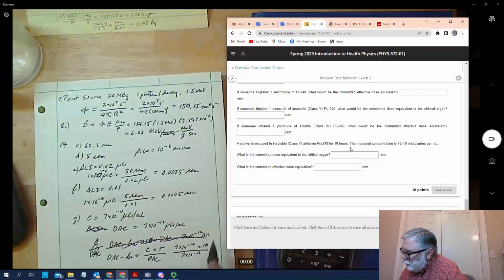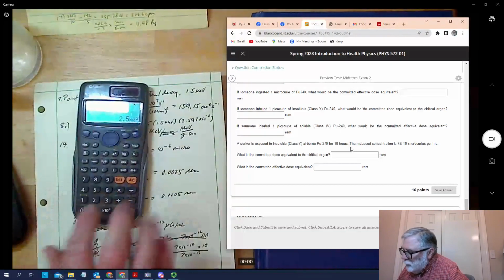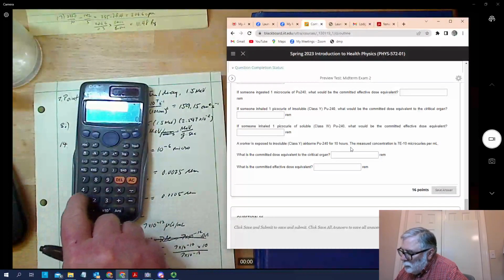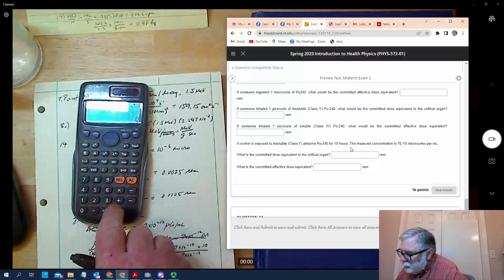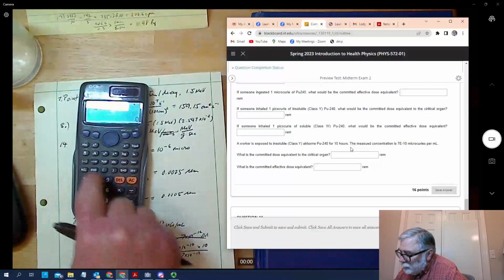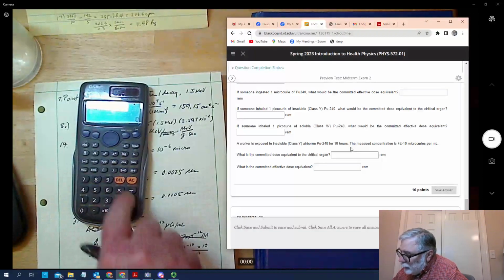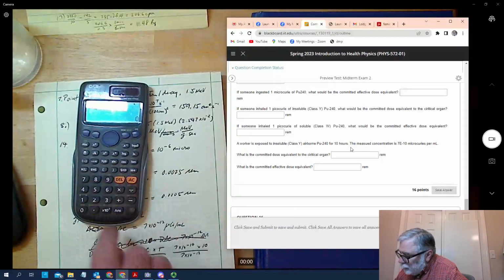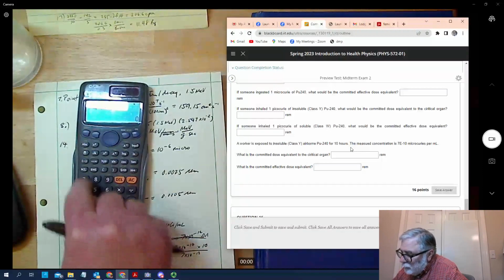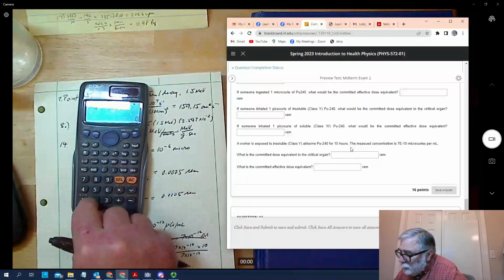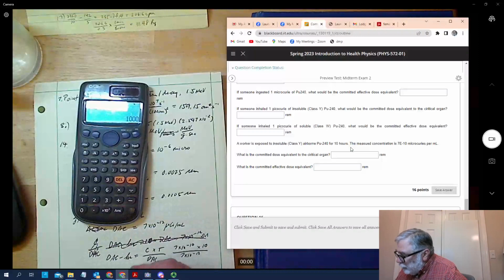So that's going to be equal to 7 times 10 to the minus 9 divided by 7 times 10 to the minus 12. The sevens are going to get rid of each other. It's going to give us 1,000 DAC hours.